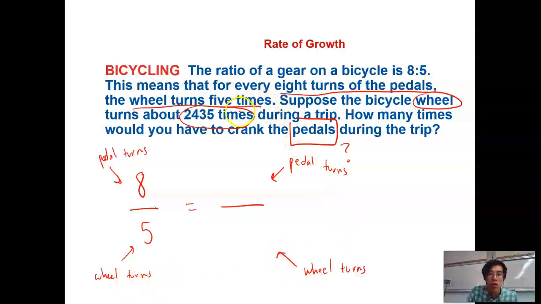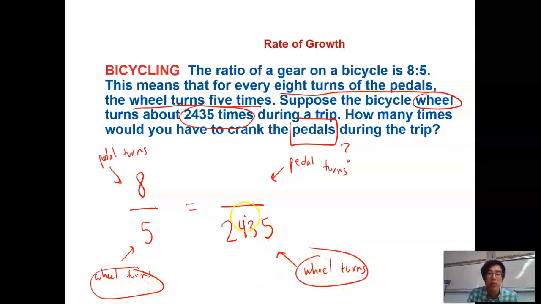Okay, so this has scaled up to 2,435 times for a wheel turn. So you would actually put that in the denominator because these have to match up. So I don't know what the number of pedal turns is whenever the wheel turns 2,435 times.